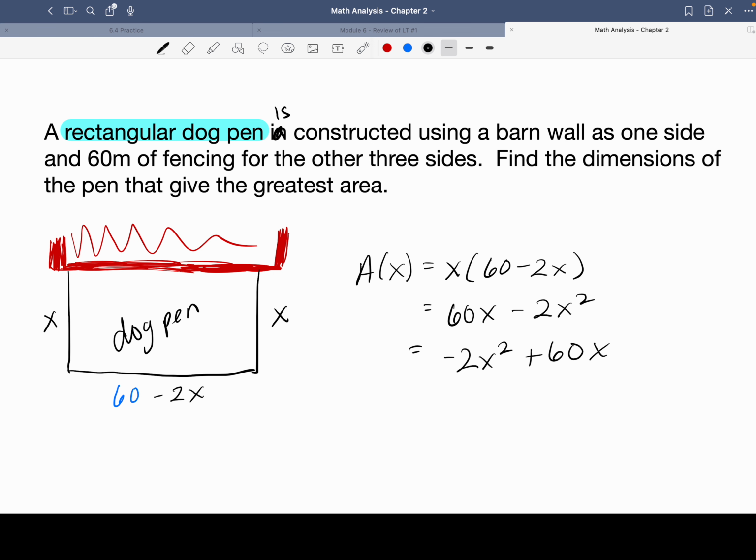And so why is it standard form? It doesn't look like there's a c value. Well, there is. It's just out here it's plus 0. So now we can go through and label a is -2, b is 60, and then c is 0. But we don't need all that extra, because to find the vertex, if you remember, it's x equal to -b over 2a.